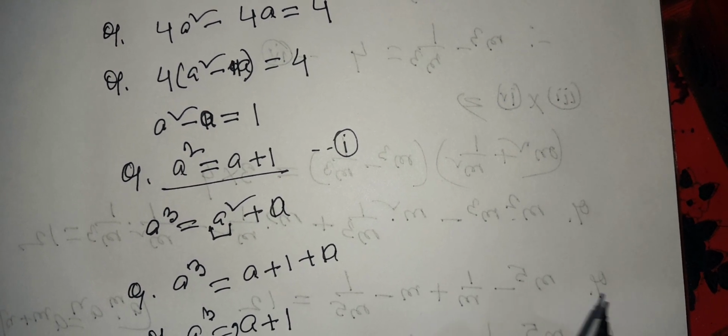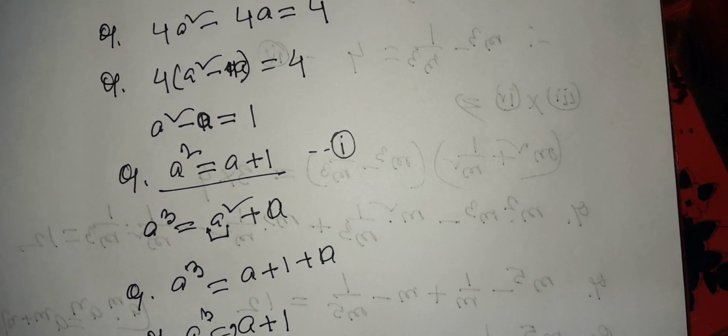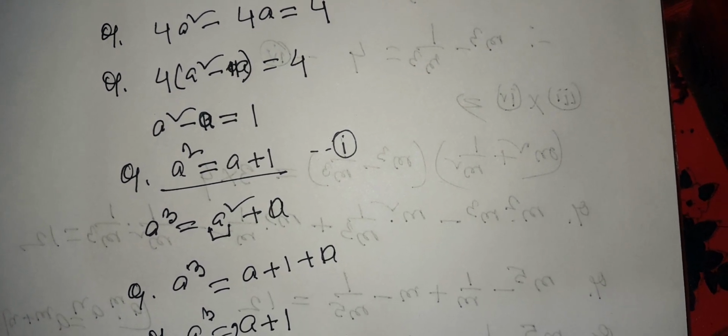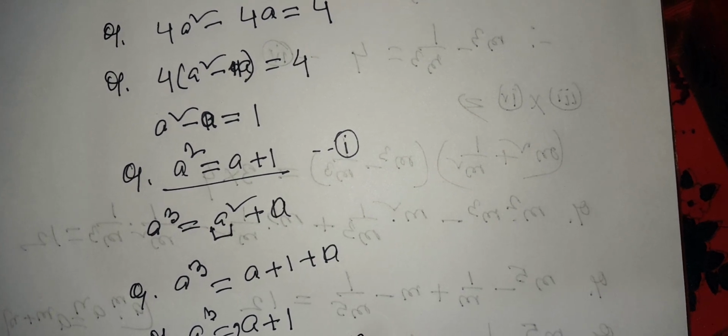We square both sides, and we can write (a cube) all square is equal to (2a plus 1) all square.